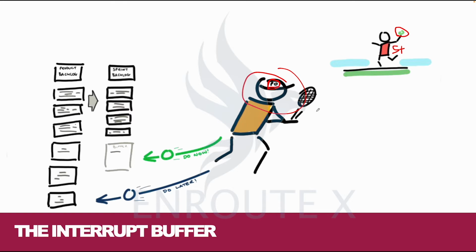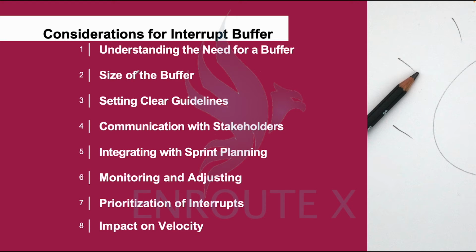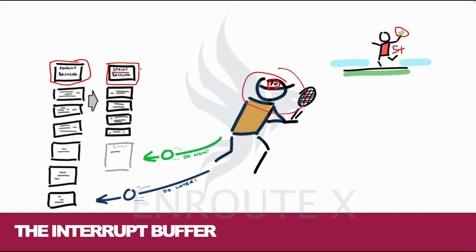So let's cast our minds back to what happens in Scrum. A team has a product backlog that they are working from, and from the product backlog they decide to pick some of that work to be worked on in a sprint. This is what we have from the board here.